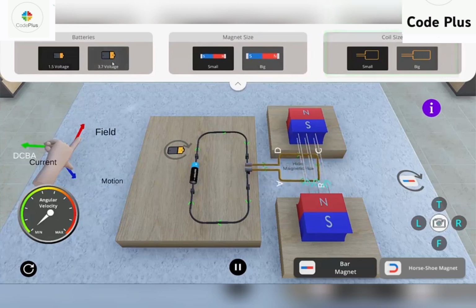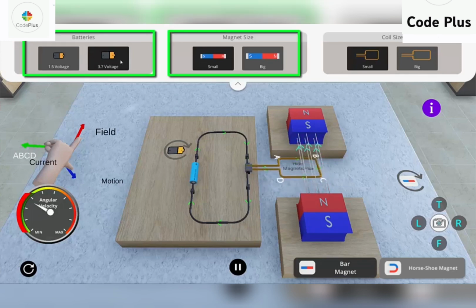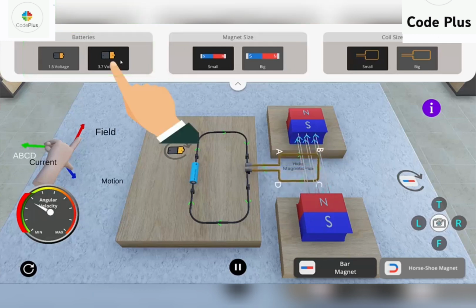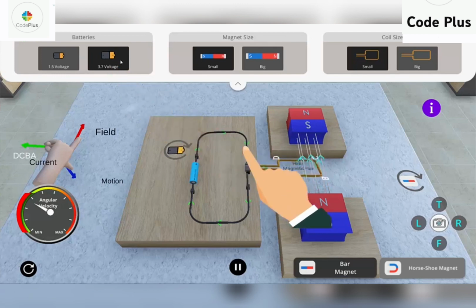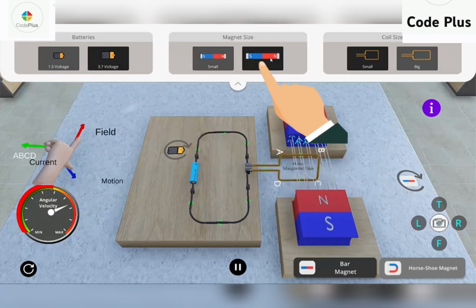Friends, the speed of a DC motor is directly proportional to the applied voltage and directly proportional to the magnetic field strength. So, if we increase the voltage of the battery, then the number of turns or rotations of the rectangular coil will also increase. And if we increase the strength of the magnetic field, then the number of rotations will also increase.